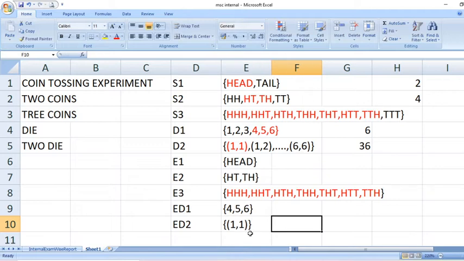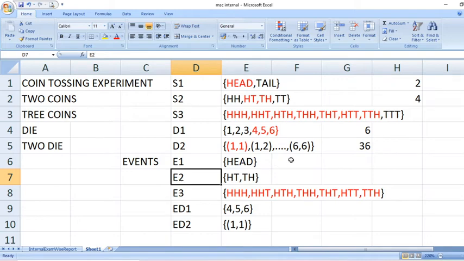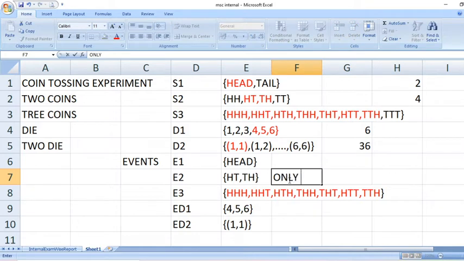Okay, so these are all events. The formal definition: an event is a subset of a sample space. The name of this event is "only one head."